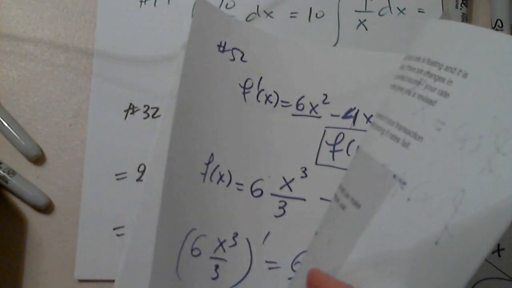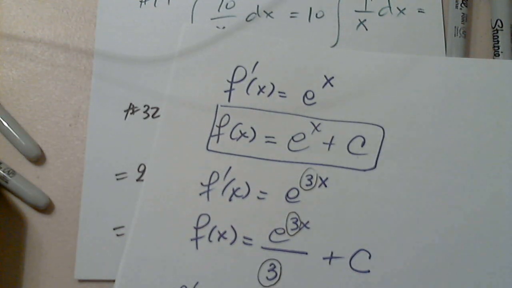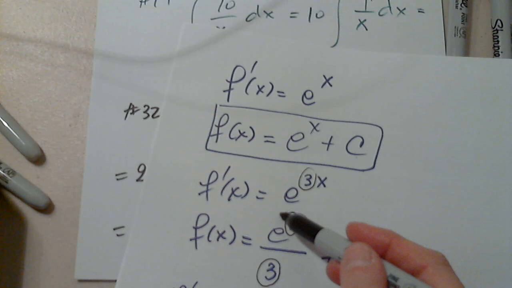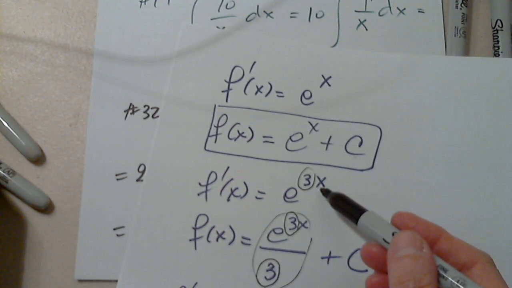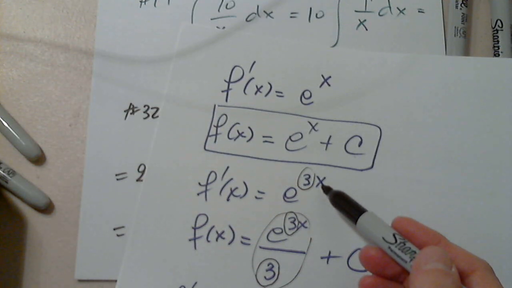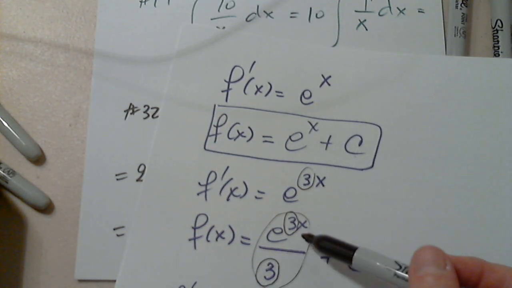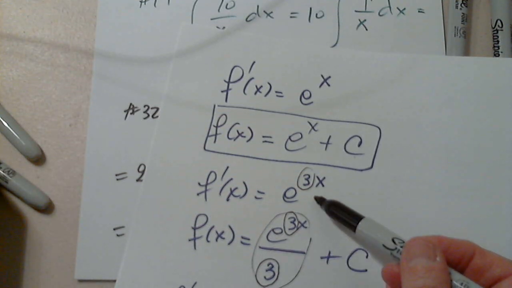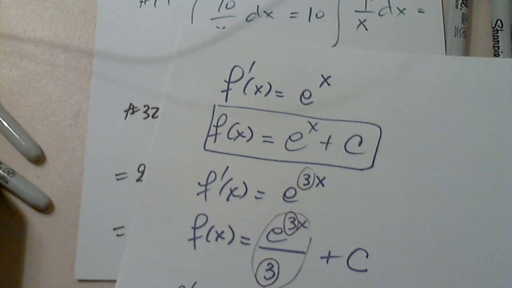But when I apply the same procedure for e to the x, I have e to 3x over 3 because this derivative will give us that. If you change the 3x or something, you're not going to get this derivative back. So e to 3x prime is e to 3x times 3, and then you cancel the 3 and you're back here. It's a different formula because it's a different function.